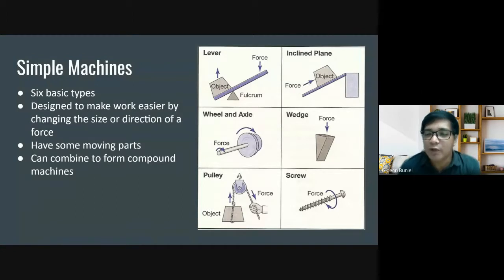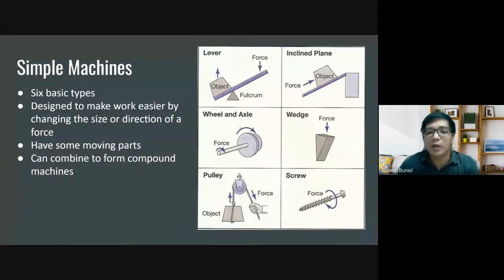When you apply the force by using this inclined plane, it will make your job much easier than lifting, because the work you have to do when you lift this object from the ground up to here is much more compared to using an inclined plane, because it's much easier.